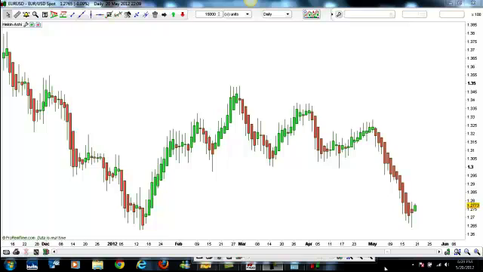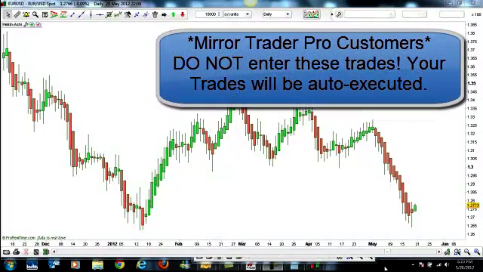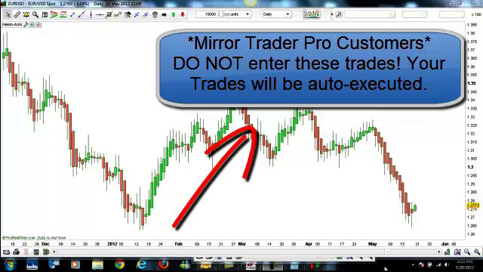When we send you these emails with these trade updates, these are for your information only, because the trades that we are sending to Pro Signals Direct customers, you're going to be entered automatically through our VPS server into your brokerage account. So do not double up. You do not need to take these trades and enter them on your own. We are entering them for you.